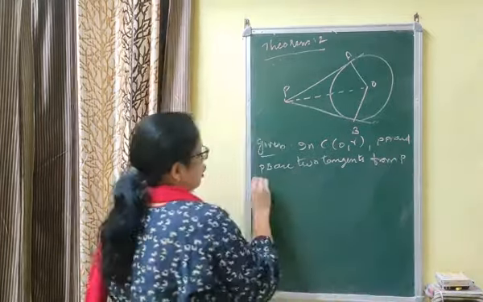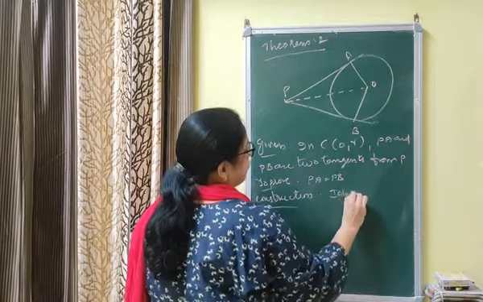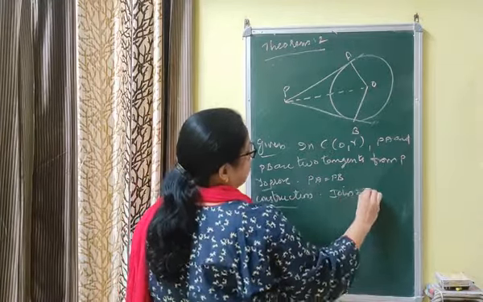You have to prove that PA is equal to PB. Now what is the construction that we made? Construction is join OA को join किया, OB को join किया, OP को join किया. OA, OB, OP.